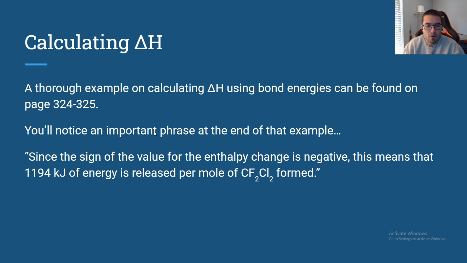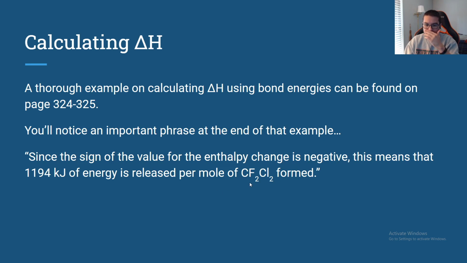And you'll notice an important phrase at the end of that example, which I want to bring up. At the end of the day, the answer to the example is negative 1,194. But the way that that's interpreted, let's just read this last sentence here: since the sign of the value for the enthalpy change is negative, this means that 1,194 kilojoules of energy is released per mole of this molecule formed.